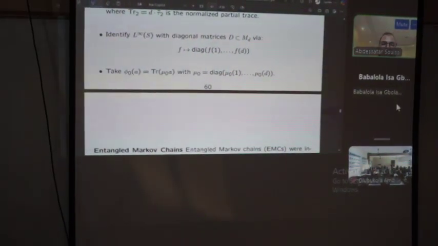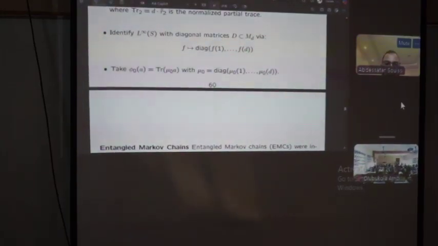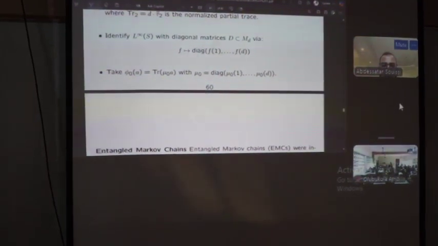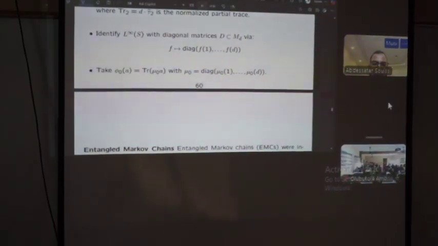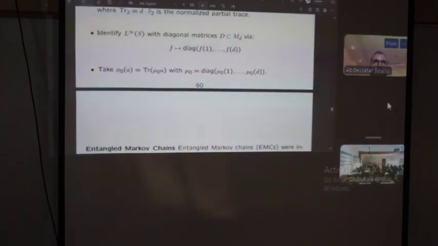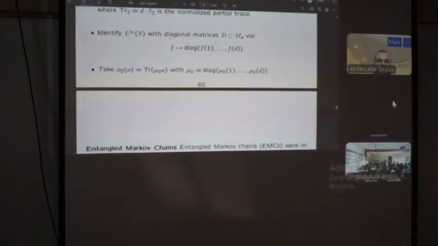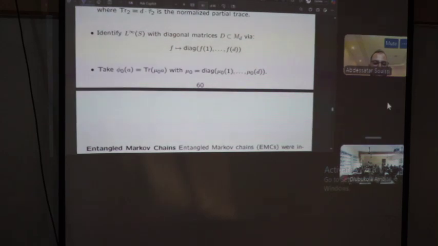For the one-dimensional case, these states have been investigated in the bosonic case, the Fermi case, and I think it's an important subclass, but also quantum Markov chains which are not states are important, including the one that we will see in the next lecture.